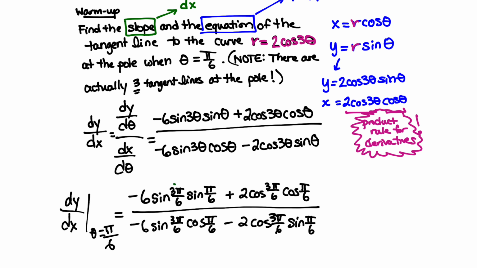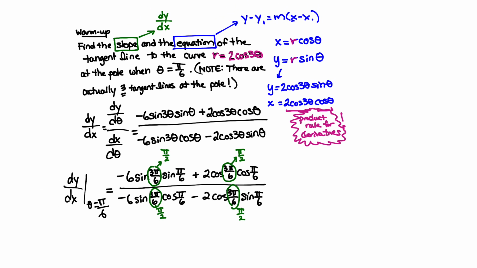Hopefully you see 3 pi over 6 as pi over 2, because 3 goes into 6. And that's also true right here, and right here. So no questions.